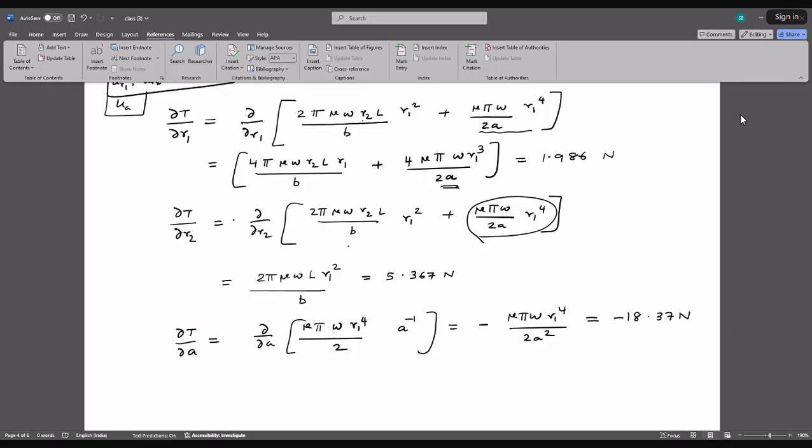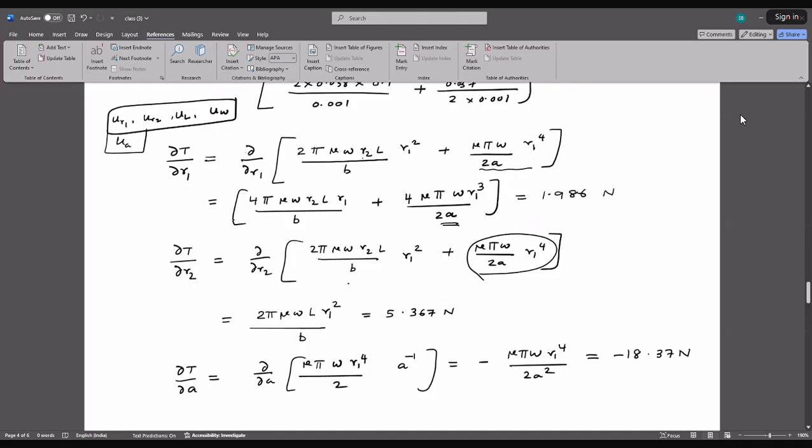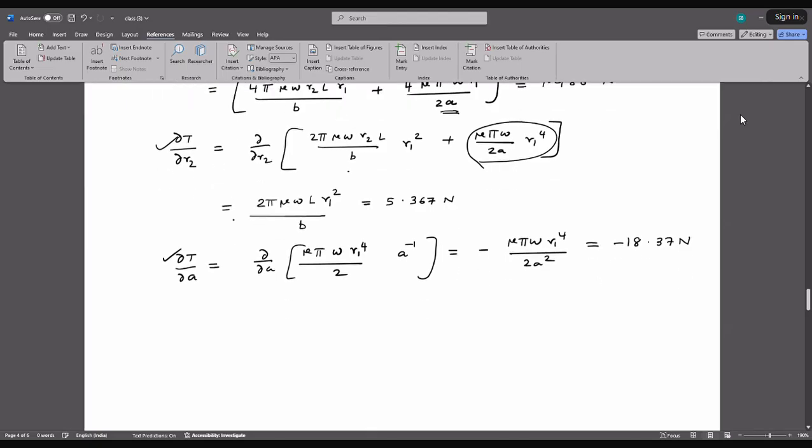So we got the effect of R1, the effect of R2, and the effect of A. Now we need to get the effect of L. So we can write dou T over dou L. You can see that L is only in the first term, and the second term derivative will go to 0.